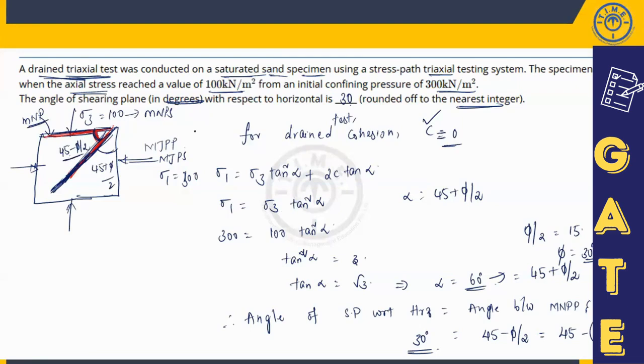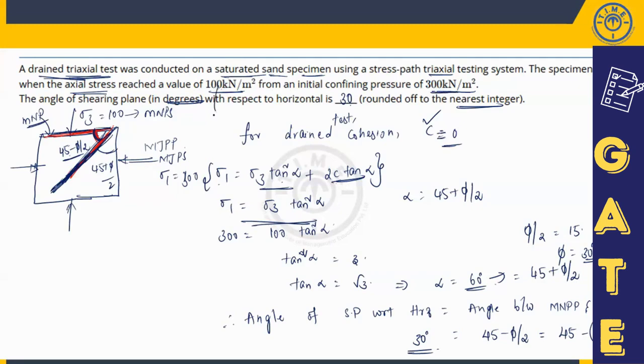How to know phi? Using any shear strength test, directly use the plastic equilibrium equation. What is it? Sigma 1 equal to sigma 3 tan square alpha plus 2c tan alpha. So I am writing sigma 1 equal to sigma 3 tan square alpha, eliminating 2c tan alpha because c is 0. Axial stress is major principal stress, confining stress is minor principal stress.